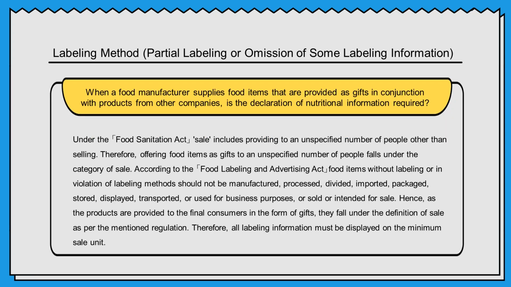According to the Food Sanitation Act, sale includes providing to an unspecified number of people other than selling. Therefore, offering food items as gifts to an unspecified number of people falls under the category of sale. Hence, all labeling information must be displayed on the minimum sale unit packaging.